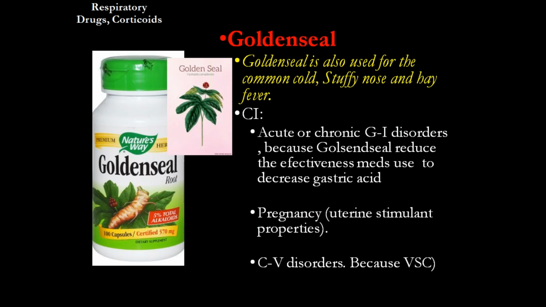Goldenseal is used for the common cold, okay, but it is contraindicated, for example, in pregnancy and cardiovascular disorders because it produces vasoconstriction. So no in pregnancy, and no in patients who have hypertension or problems with their heart.